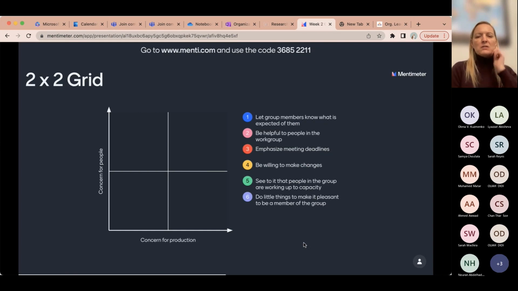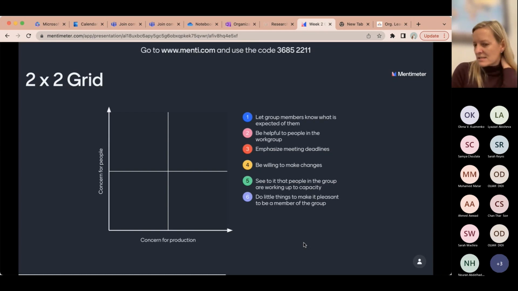So let me give you a minute to get yourself logged back into Mentimeter and use that code to look at where you fall on letting group members know what is expected of them, being helpful to people in your work group, emphasizing meeting deadlines, being willing to make changes, seeing to it that people in the group are working up to capacity, and doing little things to make it pleasant to be a member of the group. 3 of those fall heavier on the concern for people, and 3 of them fall heavier for the concern for production.